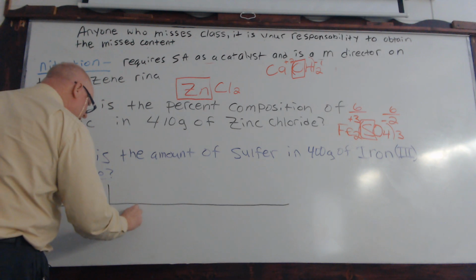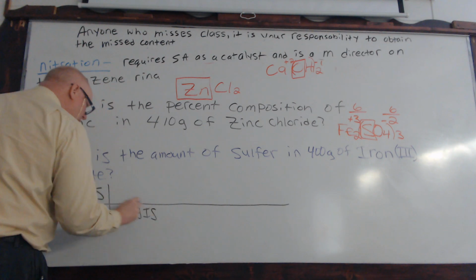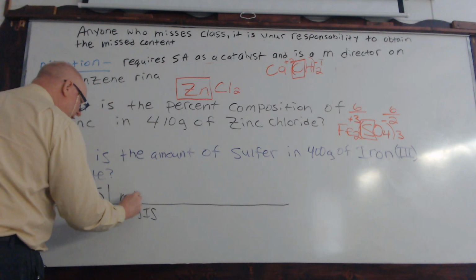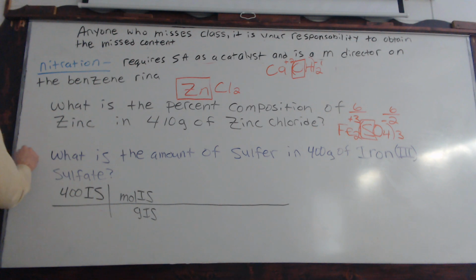So then grams of iron 3 sulfate, we get a mole of iron 3 sulfate. So iron has an atomic mass of 55.85. Then how many of them do we have? 2.